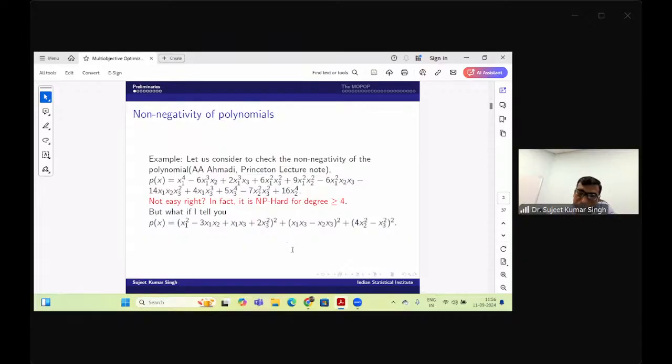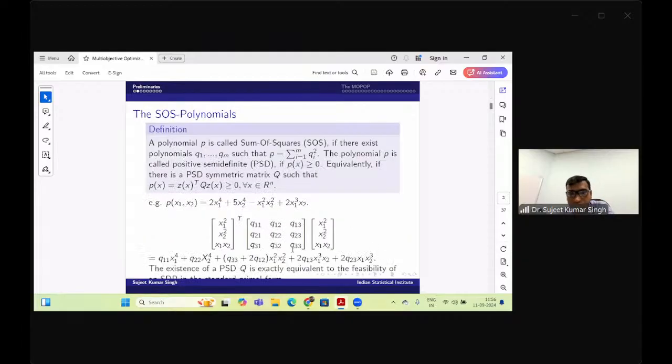So a polynomial p is a sum of squares if there are polynomials q1 to qm such that p can be expressed as the sum of the squares of q1 to qm. Then this polynomial will be non-negative, and we can ensure that because it is a sum of squares of polynomials.